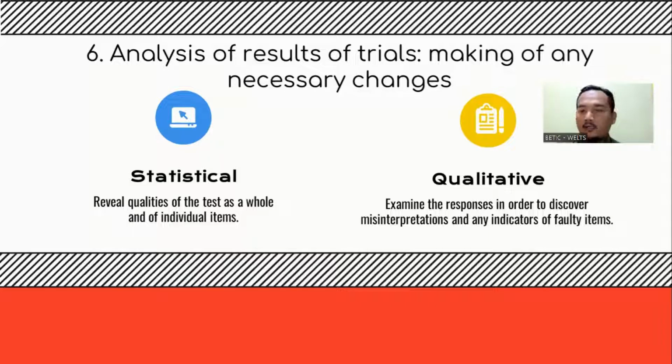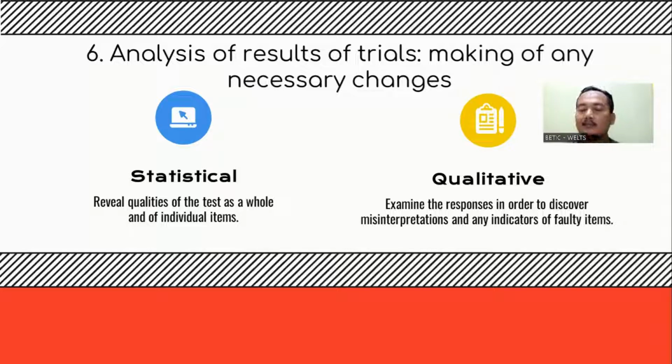For qualitative, we can conduct interviews or give the test takers open-ended questions. When we find misinterpretations and faulty items, we can decide that we need to make necessary changes to the test.